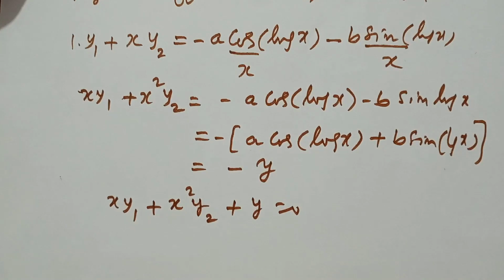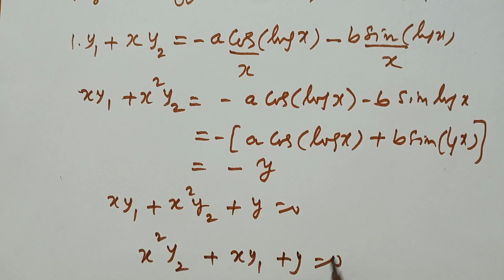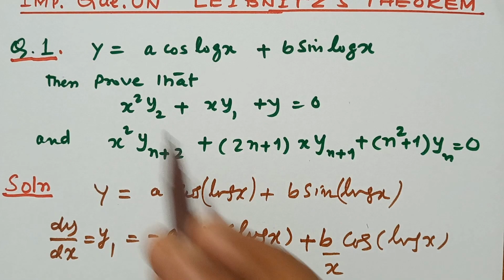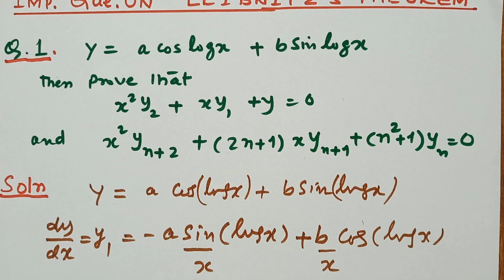This can also be written, first writing y2, as x² y2 plus x y1 plus y equal to 0. Okay, so this is the proof of the first part. Now we need to show the second part.